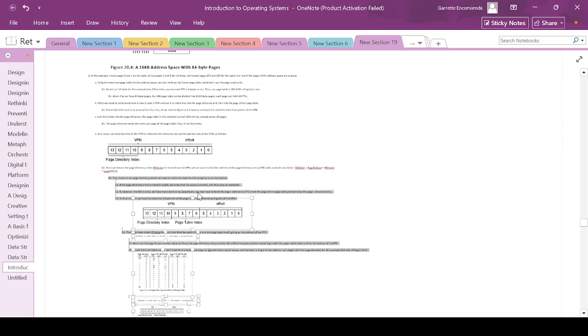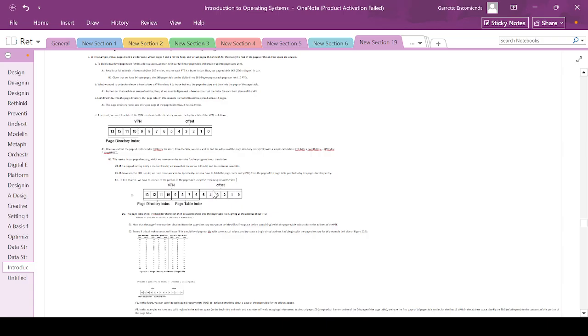So this results in our page directory, which we now examine to make further progress in our translation. This calculation gives us the actual page directory entry address, which will help us translate to the page table entry.